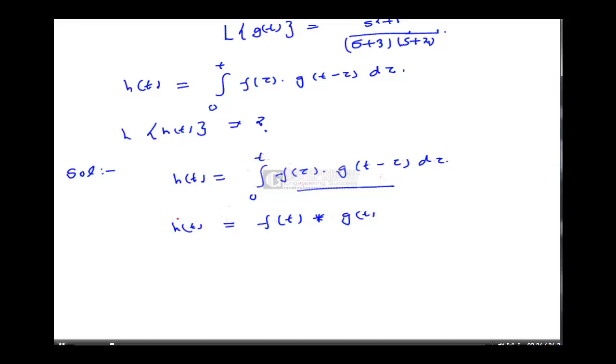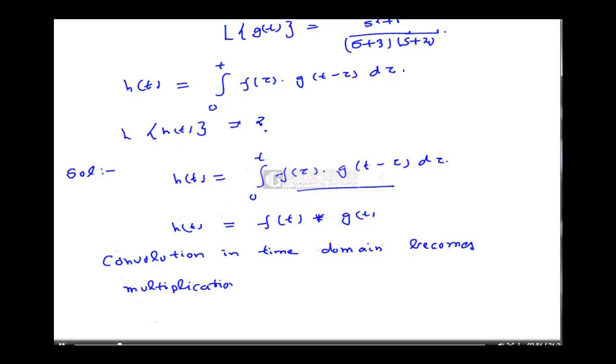Now use the property that convolution in time domain becomes multiplication in s domain.